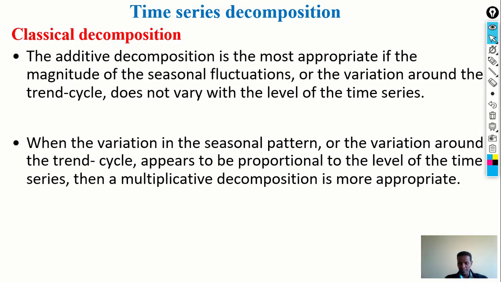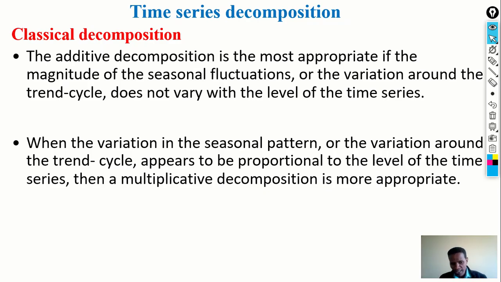Okay, so the additive decomposition is the most appropriate if the magnitude of the seasonal fluctuations or the variation around the trend cycle does not vary with the level of the time series. If the seasonal fluctuations or the variation around the trend cycle does not vary over a period of time, the additive decomposition is appropriate.